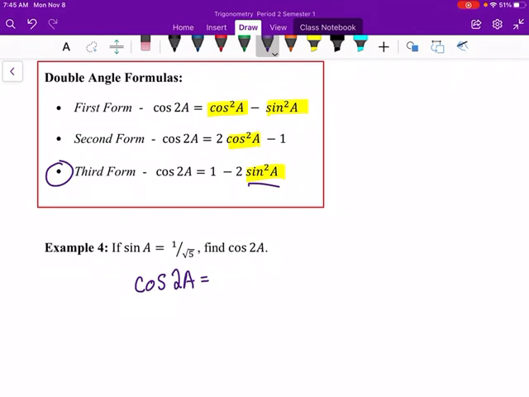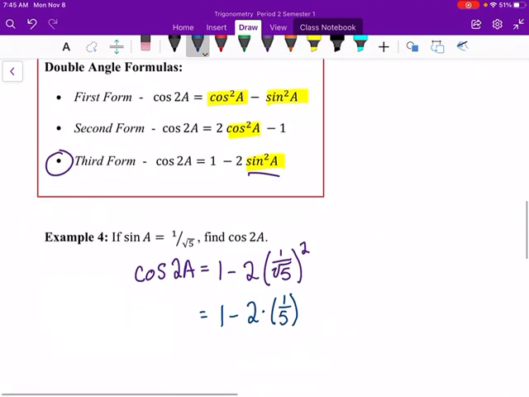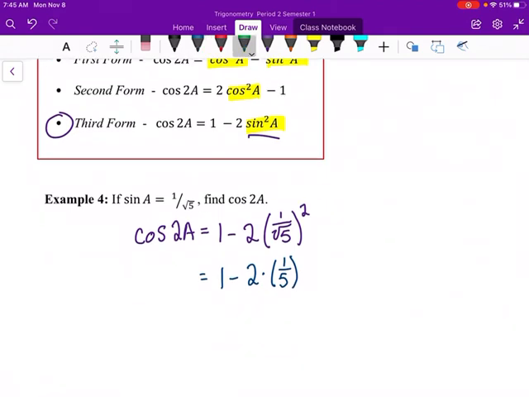So that is equal to 1 minus 2 times the sine squared of a. We're just going to take 1 over the square root of 5 and square that. Then we have 1 minus 2 being multiplied by 1 over 5, which is 1 minus 2/5.